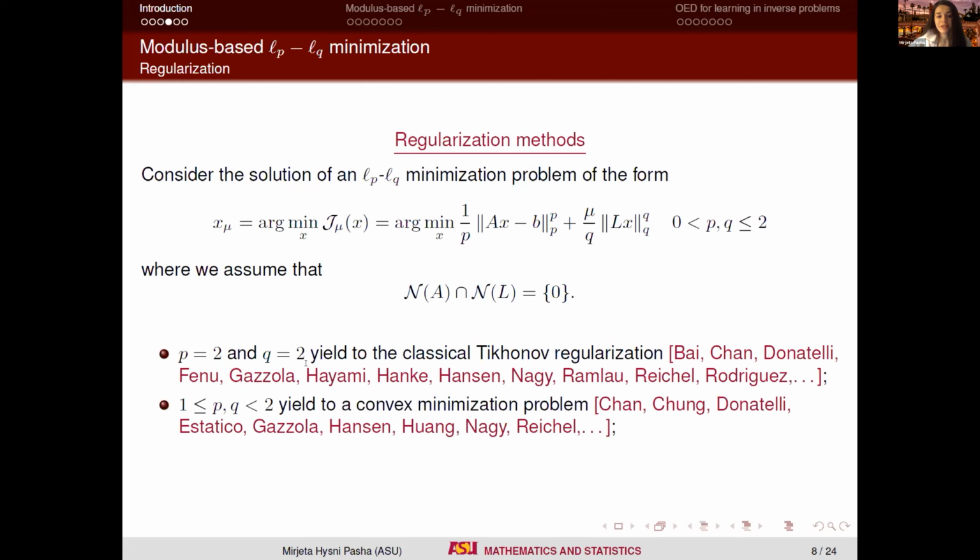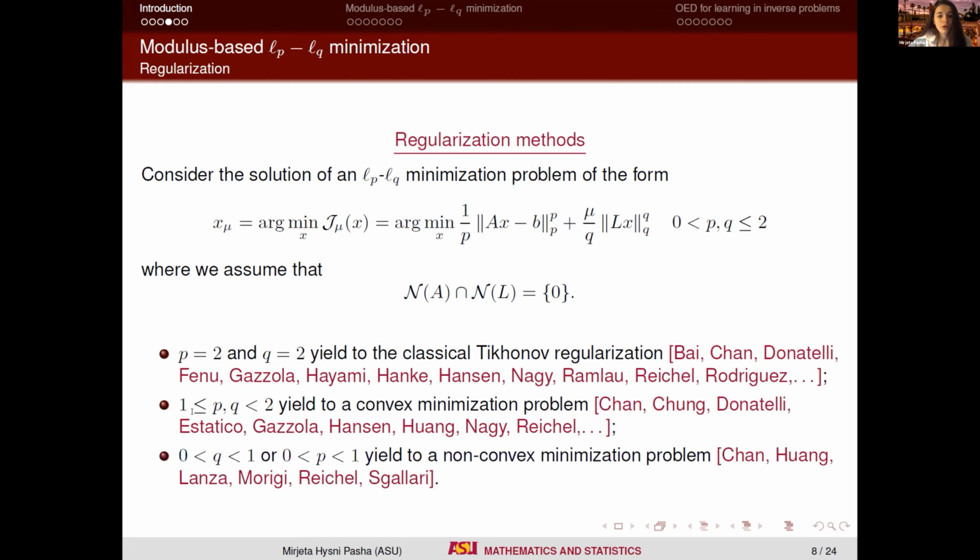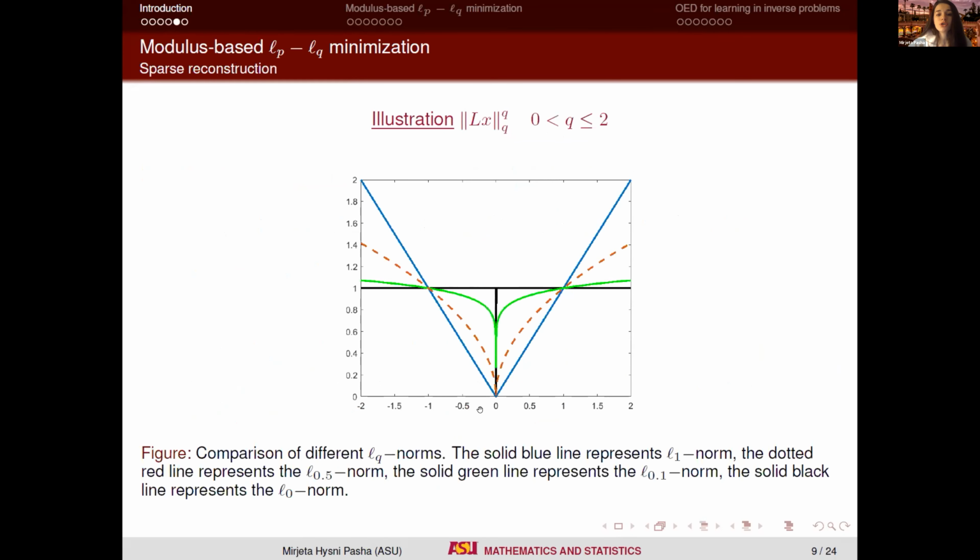But we are mostly interested in the cases where P and Q are less than 2. For example, if we want to reconstruct solutions that are sparse, then ideally we would like to reconstruct the L0 quasi-norm, represented by this black line, but this is NP-hard.